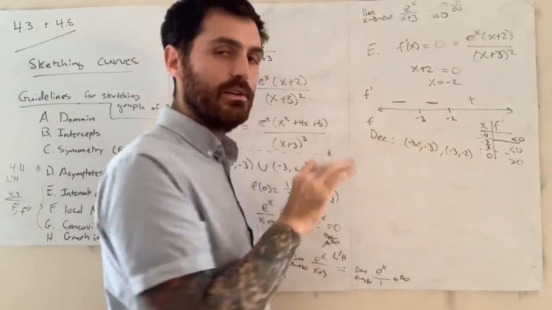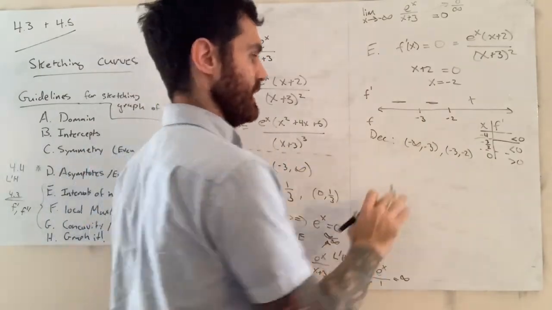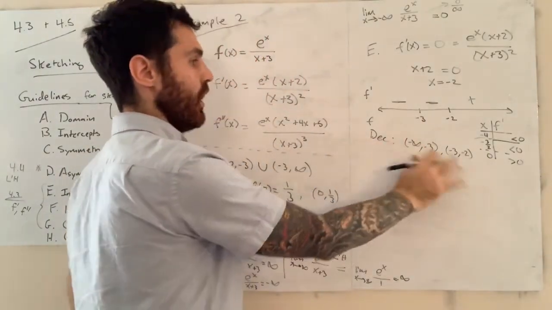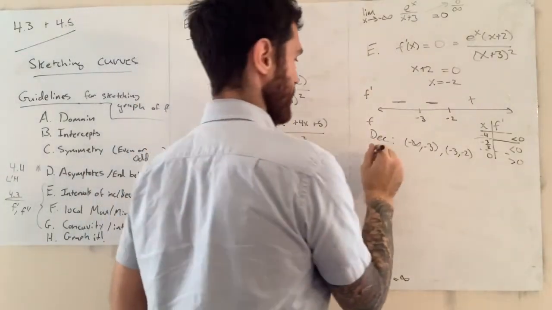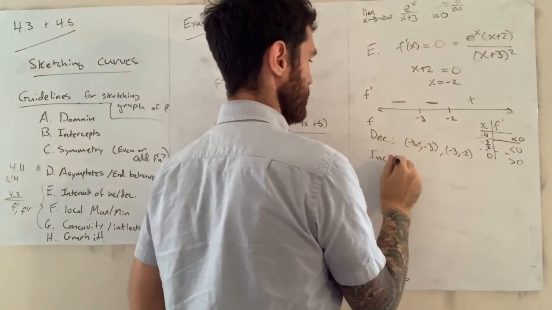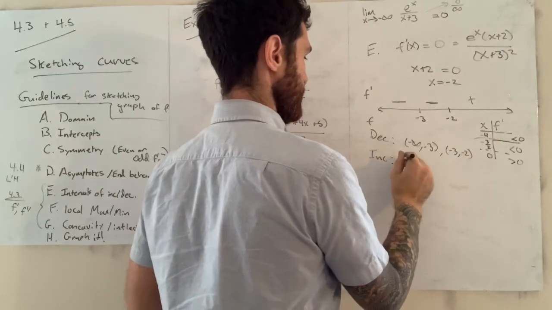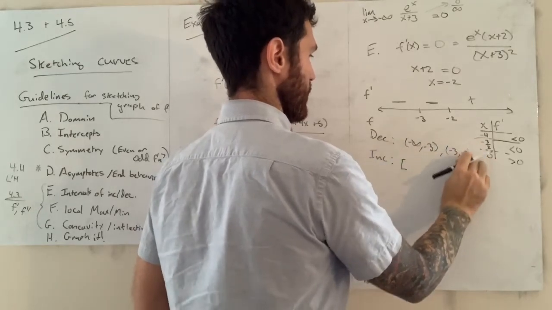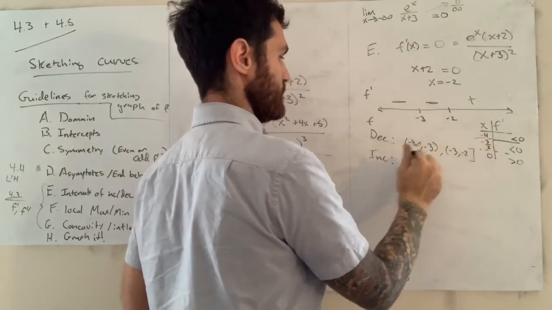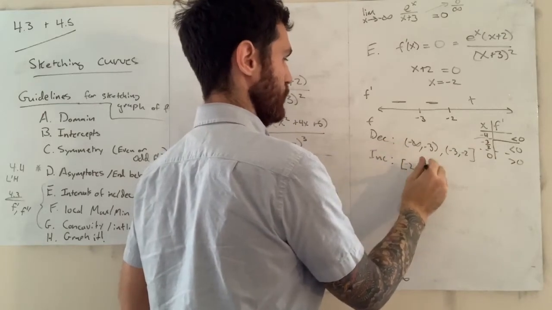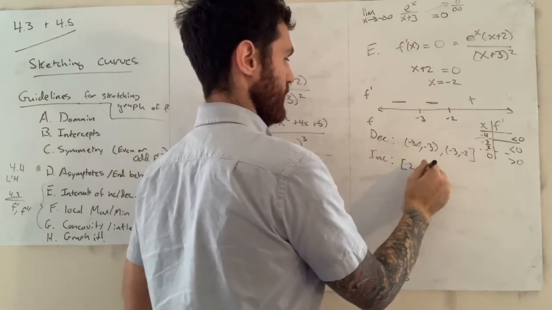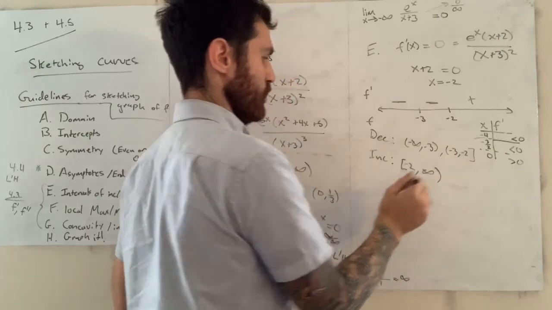So it can't be decreasing at negative 3. It can't be decreasing on an interval where it's not defined. And it's increasing from negative 2. I can actually include that. Increasing from negative 2 all the way to infinity. Boom.